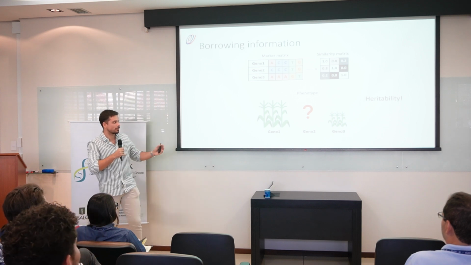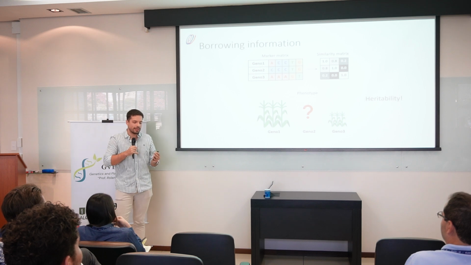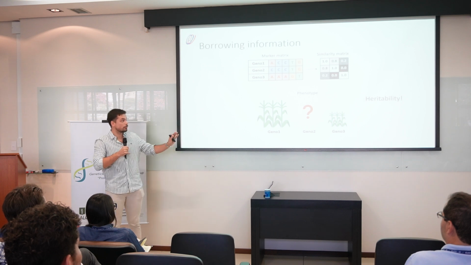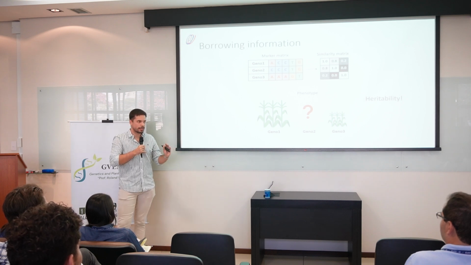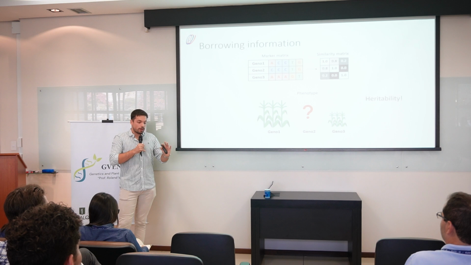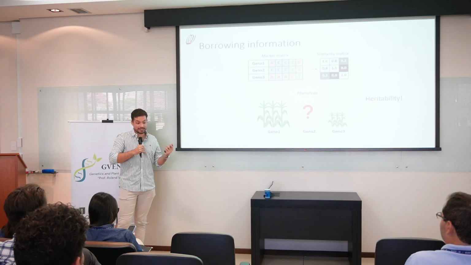If this trait has a low heritability, even if the relatives are good, given that the phenotype depends more on the residual or the environment than the genetics, it's not really useful. So it's important to have in mind heritability as the proportion of phenotypic variance that is explained by the genetics, and in a more general setup, any omic, the variance that any omic explains with respect to the phenotype. That's a measure that we have for assessing its importance.